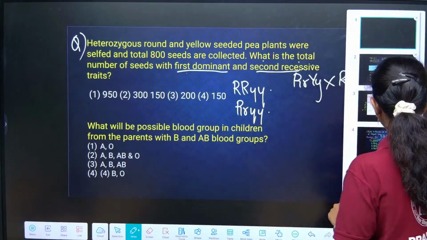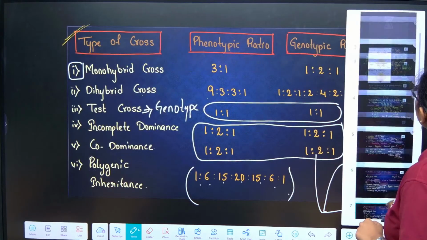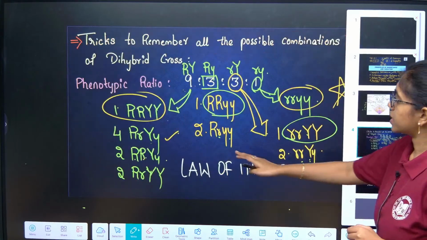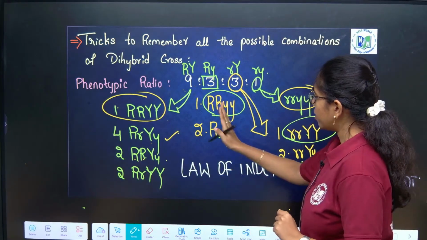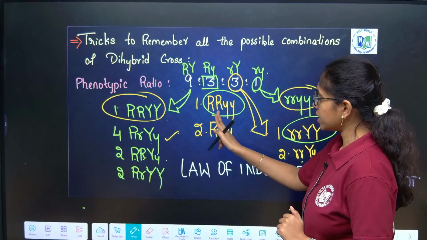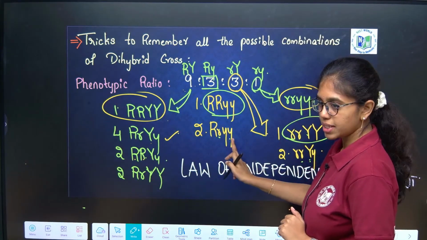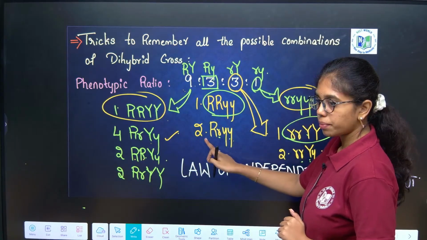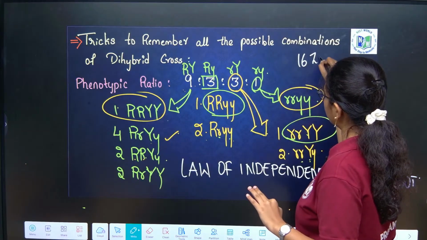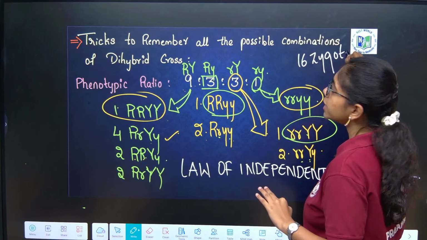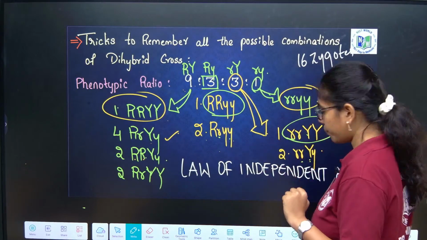Look into it properly. Analyze and answer. First dominant and second recessive means this, and this is also first dominant, second recessive. As such, how many did we get? 3. For how many? 16 zygotes or 16 seeds you can consider. For 16 seeds, such combination is 3.